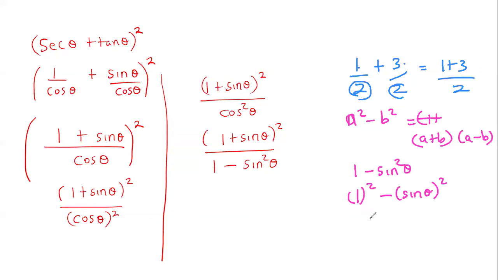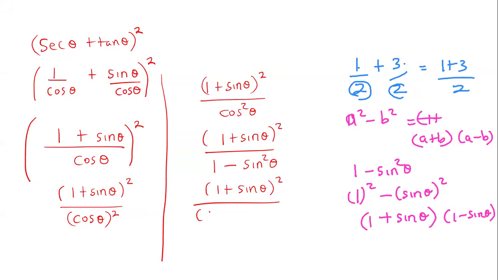So when you express this, it becomes 1 plus sine theta then into 1 minus sine of theta. So that is what we are going to write there. So here we shall have our 1 plus sine theta squared out of 1 plus sine theta then into 1 minus sine of theta. So what are you noticing?